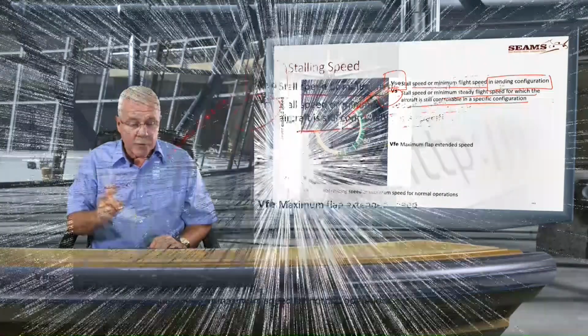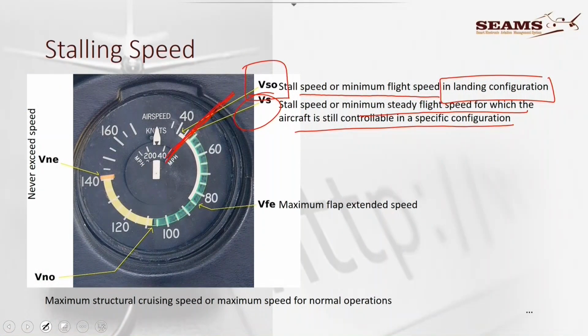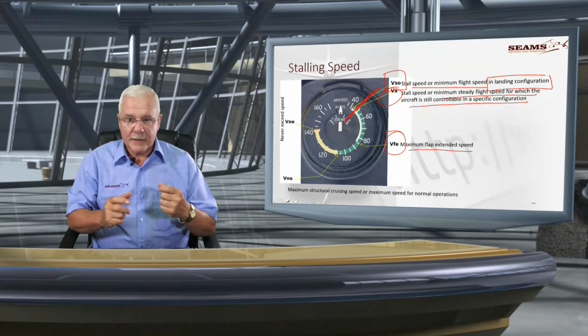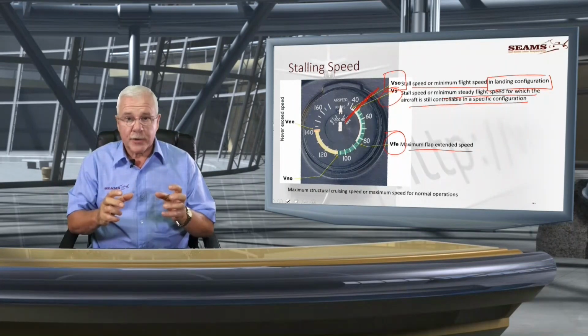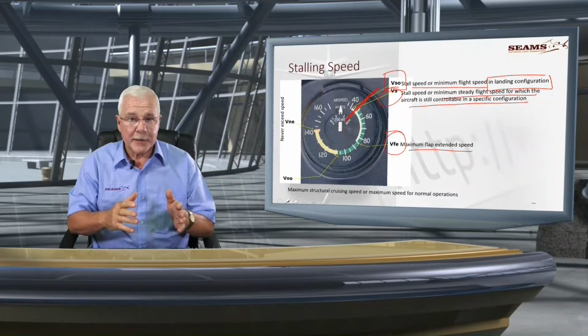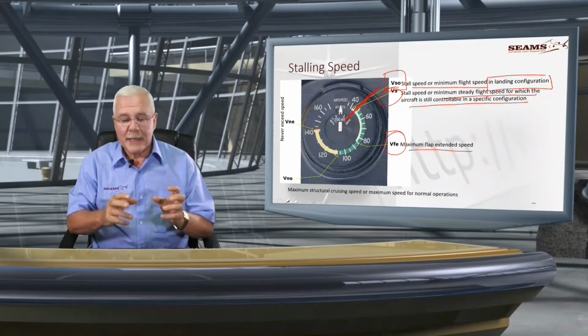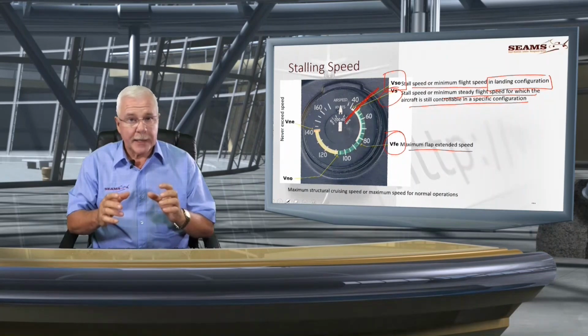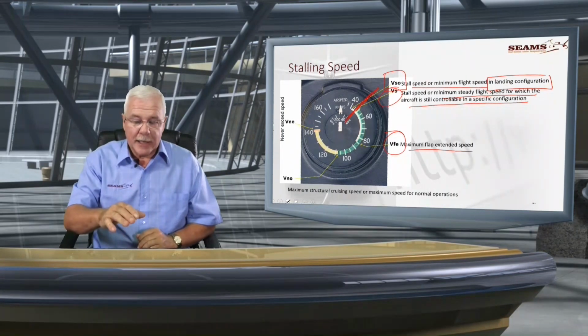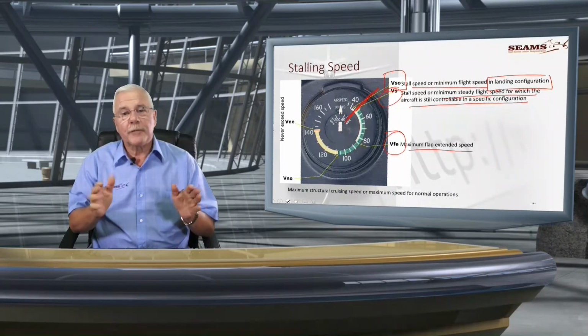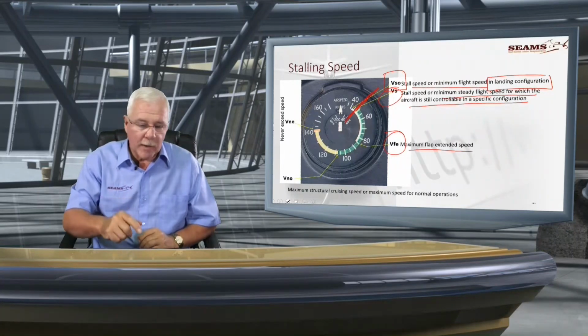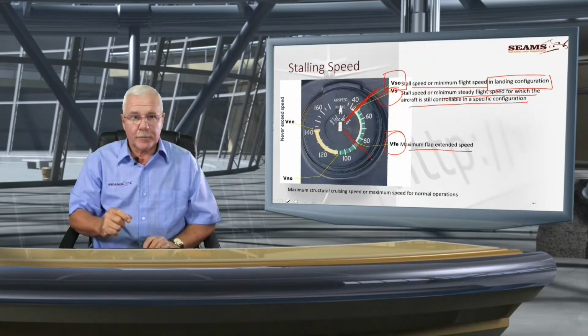Right. The next one that we are looking at here is then the VFE. That's the maximum flap extended speed. Remember now that in some cases you will actually find that the first flap selection in some aircraft coincides with the maximum speed that you may deploy the undercarriage. So don't get confused with this one now. We are here talking about all the different flap settings, and normally the white arc is the one that is important for us there.